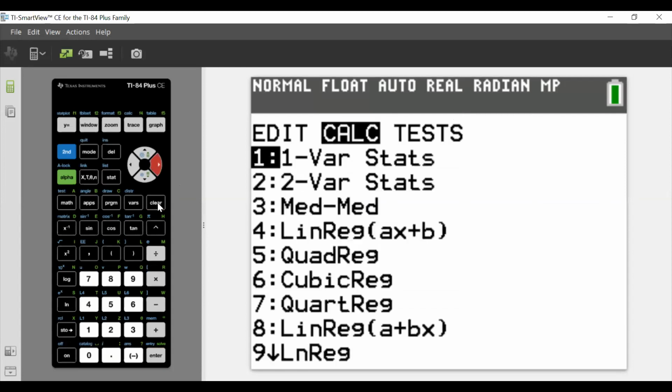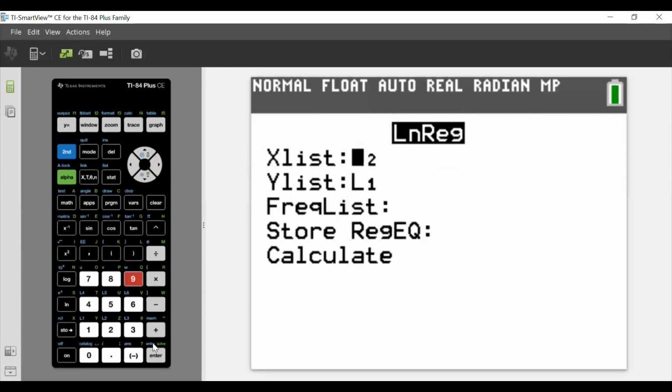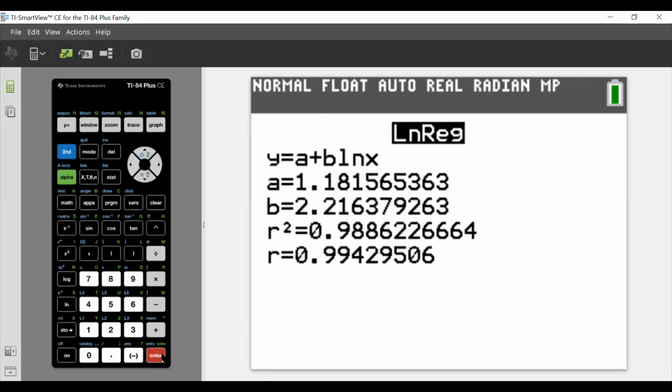And we're just going to do a log plot or log regression. Well, better use L1, L2. And so this is going to be our value for our log plot.